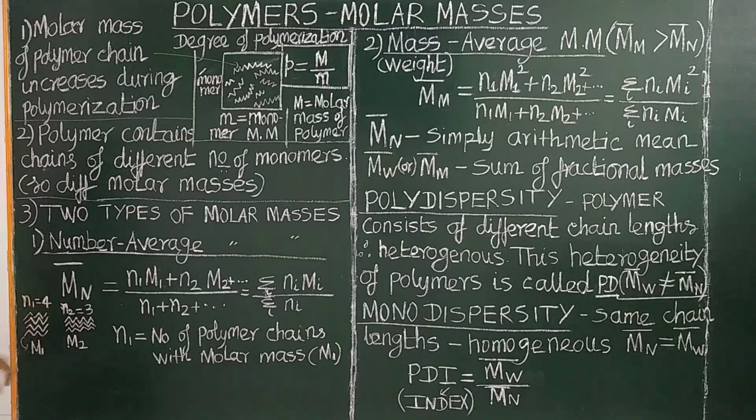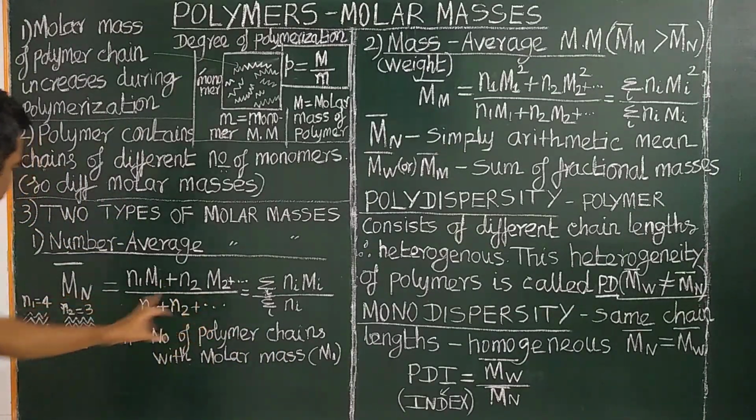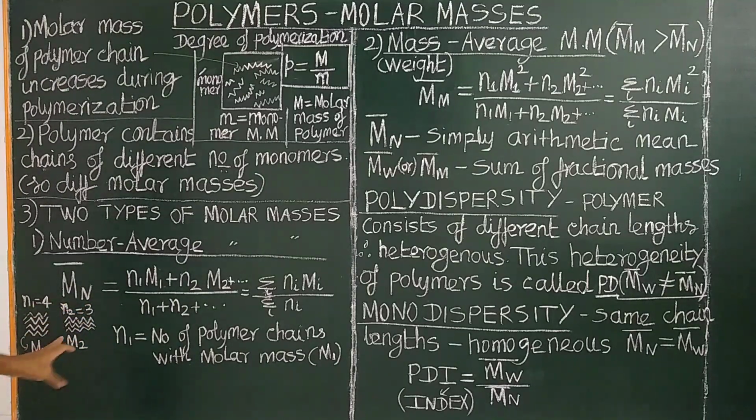For example, you have the polymer chain with the monomer 1, 2, 3, 4, 5. There are 5 monomers. Here there are 8 monomers joined to form a polymer. Therefore, number of polymer chains with the molar masses M1 is N1, 4. Similarly, N2 is the number of polymer chains with the molar mass M2. Each polymer chain has molar mass M2.